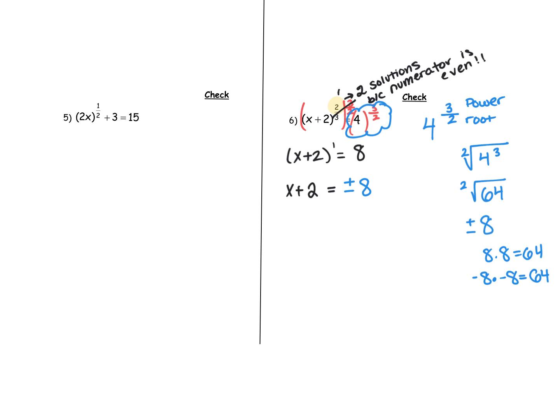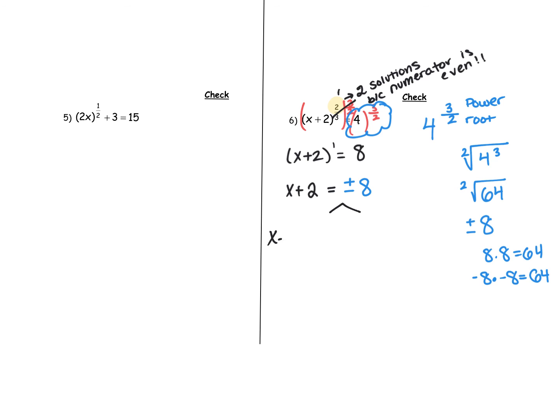So whenever you have an even number in the numerator in the beginning of the problem, when you flip it, it's going to cause an even root, right? A 2 is at the bottom. So if it causes that even root on the bottom, then we're going to also have this plus or minus. So it's a little tricky as far as where to see it, but that is where it would go. And then what you're going to do is you're going to make two equations and solve.